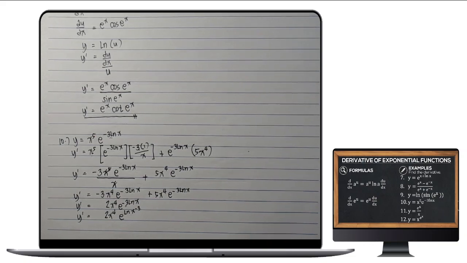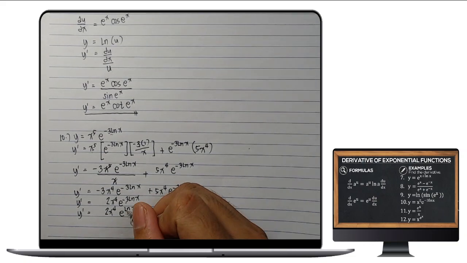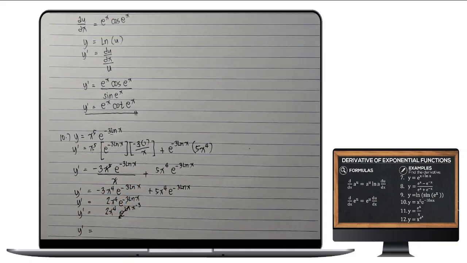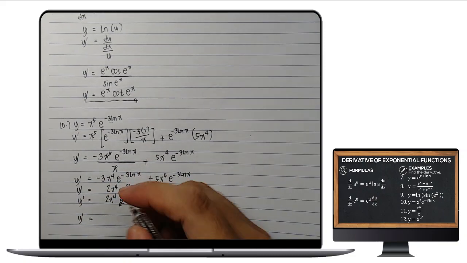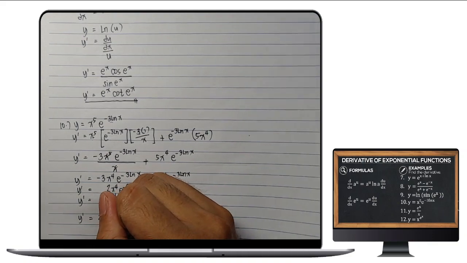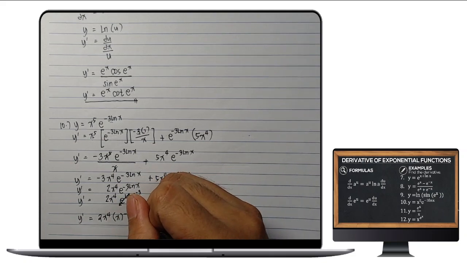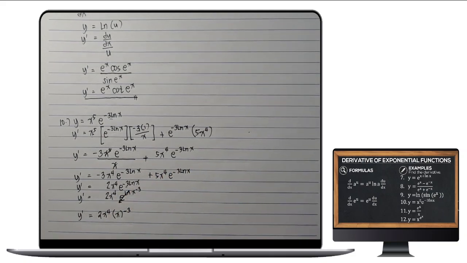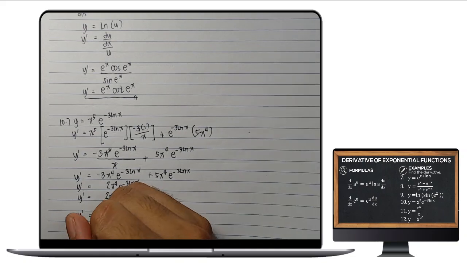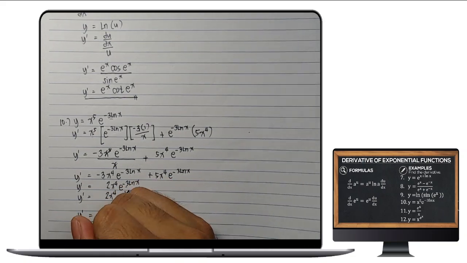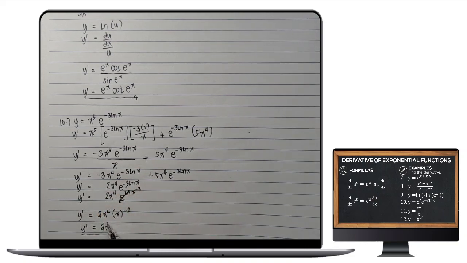And as discussed a while ago, e raised to ln can be cancelled out. Therefore, our y prime is equal to 2x raised to 4 multiplied by x raised to negative 3. So, the exponents are added. Simplifying this, y prime is simply 2x. Multiplying this, same base, add exponent: 4 plus negative 3 is 1, therefore y prime is simply 2x.